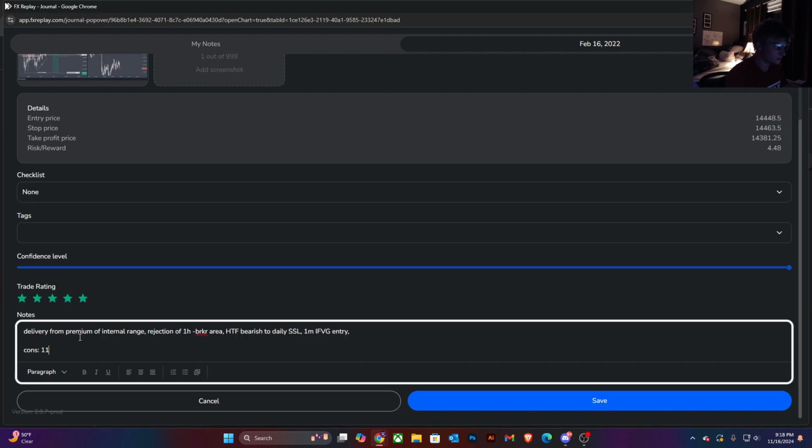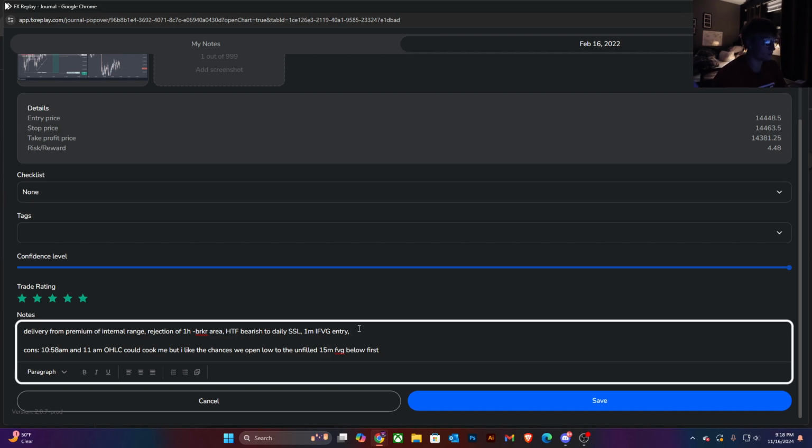Cons: 10:58 a.m. and AM open high low close could cook me, but I like the chances we open low to the unfilled 15-minute fair value gap low first.